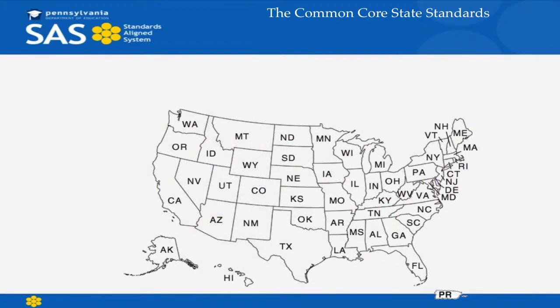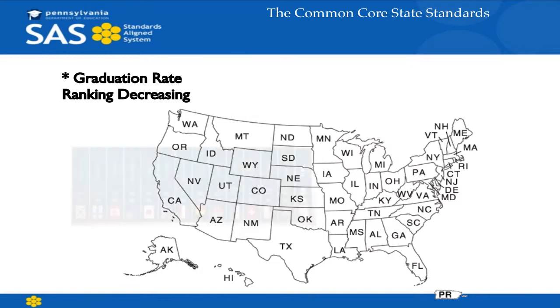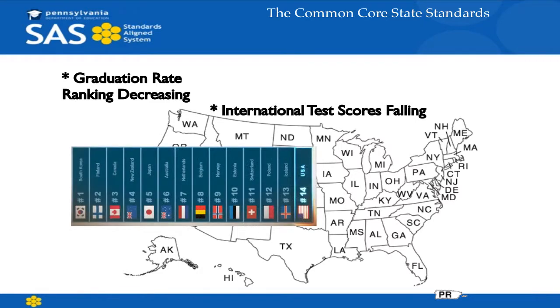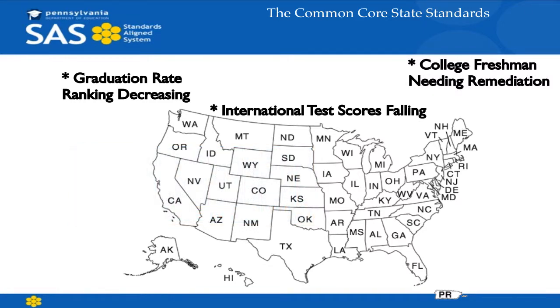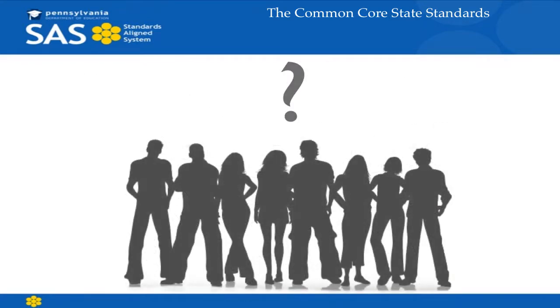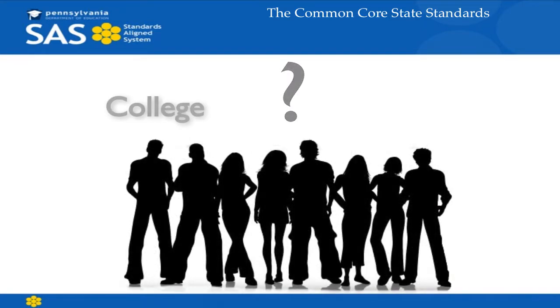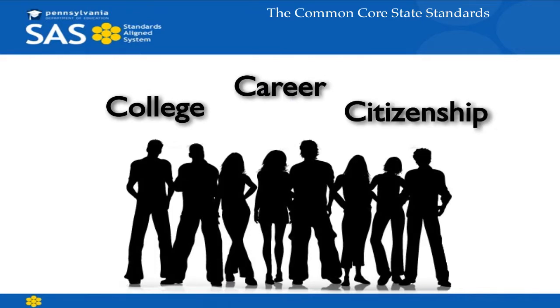With the United States ranking in graduation rate decreasing among industrialized nations, international test scores showing the U.S. performing poorly to worse, plus a significant number of incoming freshmen in need of remediation courses, we have to ask what can be done to get all our students ready for college, career, and informed citizenship.